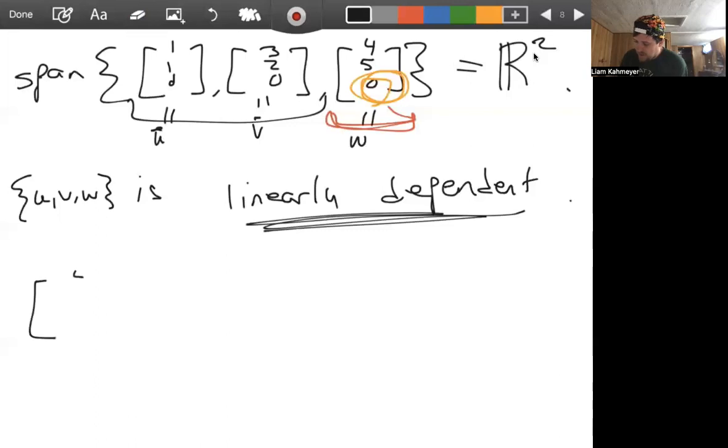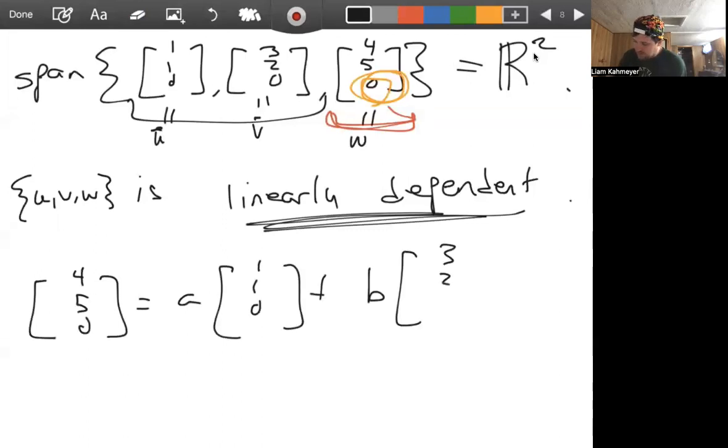If we have 4, 5, 0 here, we would want to see if A times 1, 1, 0 plus B times 3, 2, 0 holds, right? We would ask ourselves, is W a linear combination of U and V? And you'd think it would be, right?